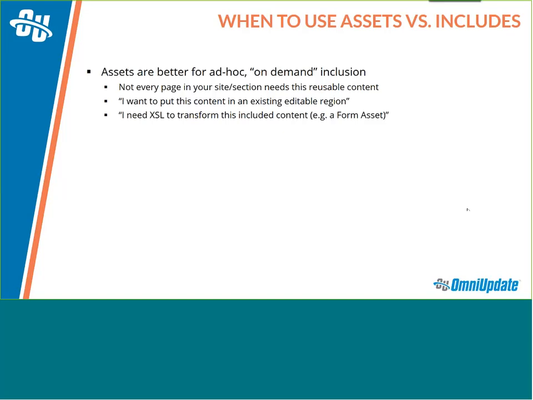Since the asset's being included before the XSL process happens, XSL can manipulate the data that's contained within the asset, whereas XSL can't manipulate the data that's contained within an include file. So the include file needs to be the exact final form that you want, effectively. So those are the situations where assets are preferable.